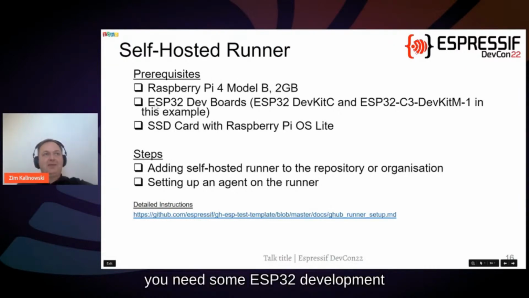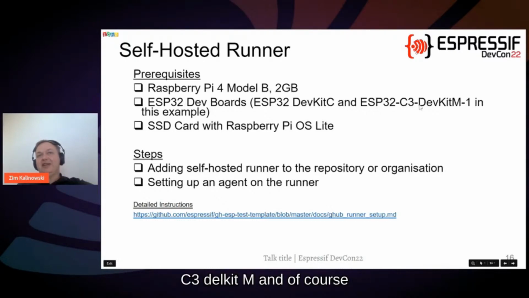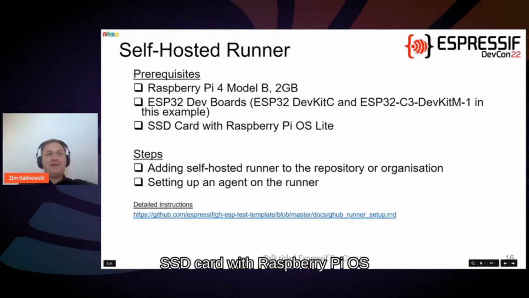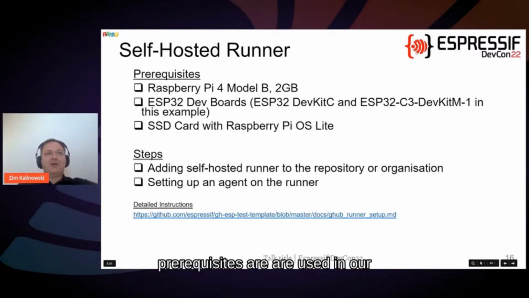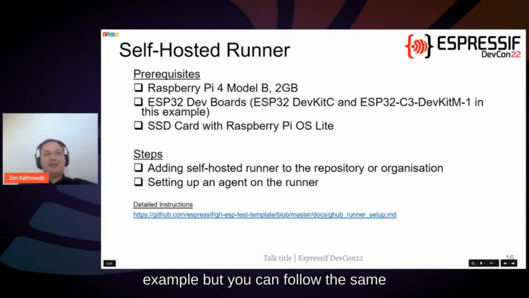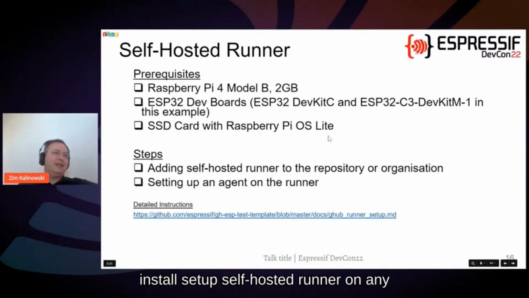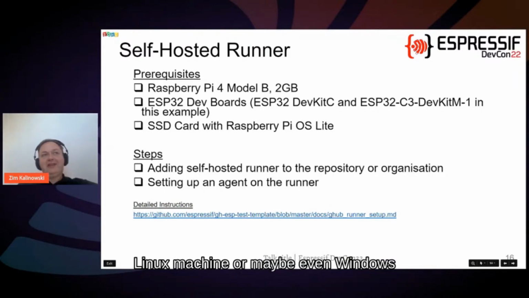You need some ESP32 development boards. In this case, we use DevKit C and C3 DevKit M, and of course an SD card with Raspberry Pi OS. Of course, these prerequisites are used in our example, but you can follow the same instructions. You can actually set up a self-hosted runner on any Linux machine or maybe even a Windows machine.